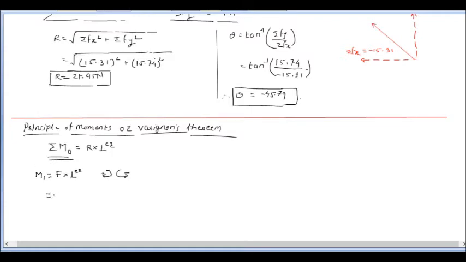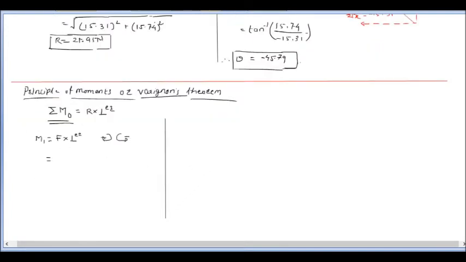So here I am going to simply draw this diagram at one side, where the fixed point O is here, and my 12 Newton force is acting somewhere here. Here the force term will equal 12 Newton. Now here there is no x component, whereas for an inclined force we have to consider both components and their moments, but here only one component is there, so we simply consider the moment because of this 12 Newton force only.